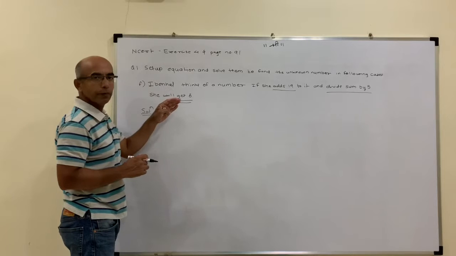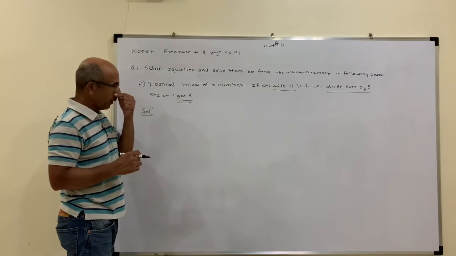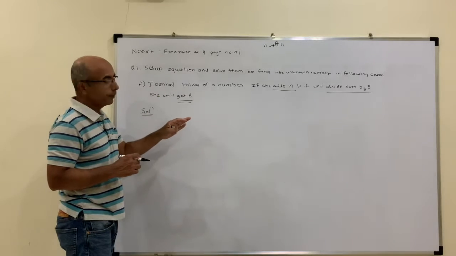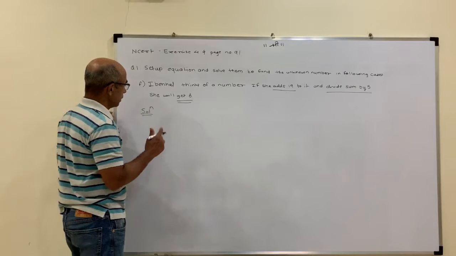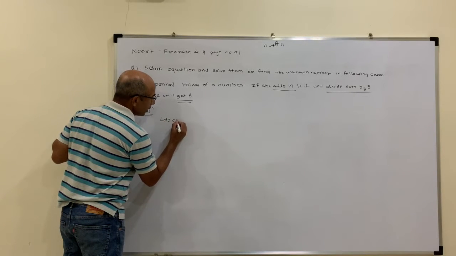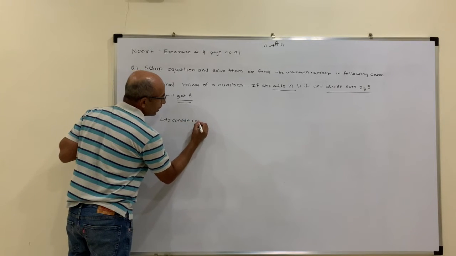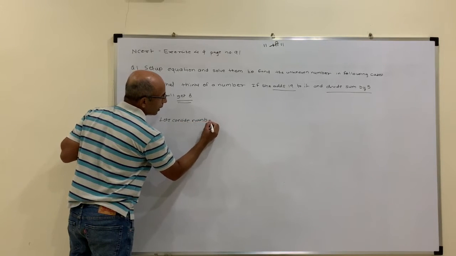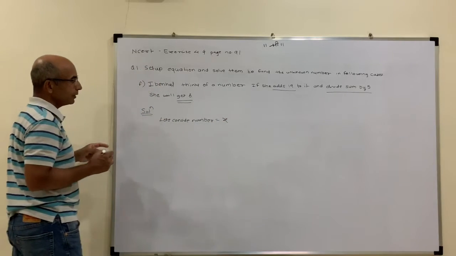The first step will be to construct an equation, and the second part of the solution will be to find the value from the equation. So first, let's consider the number equals x.